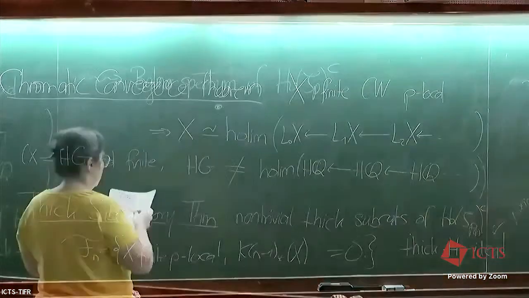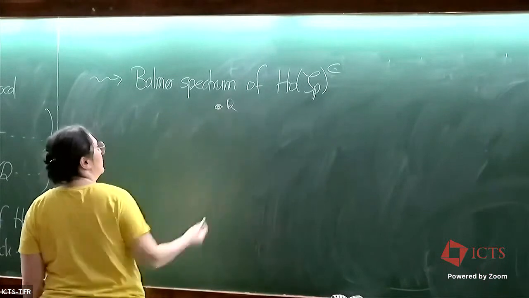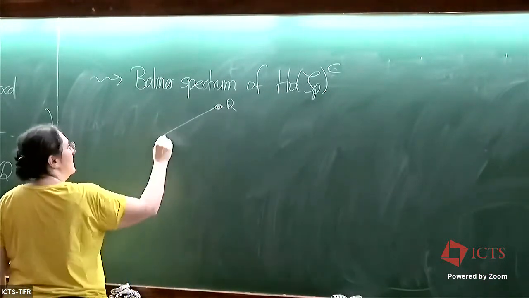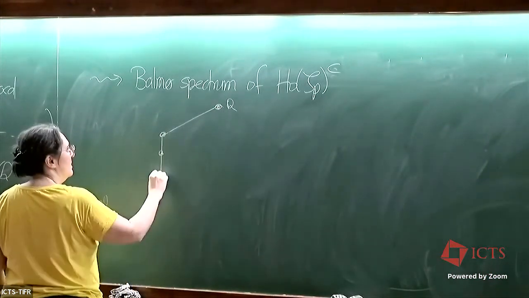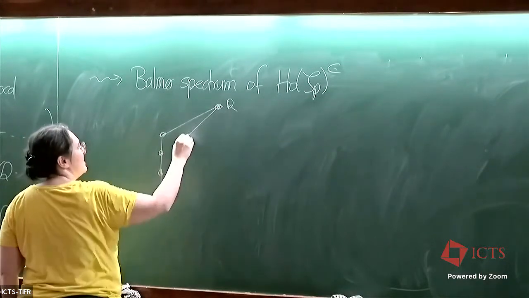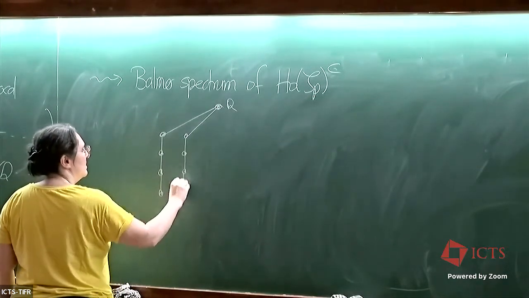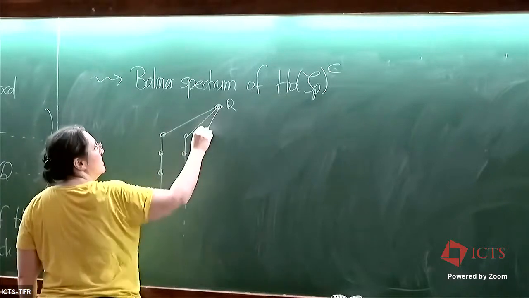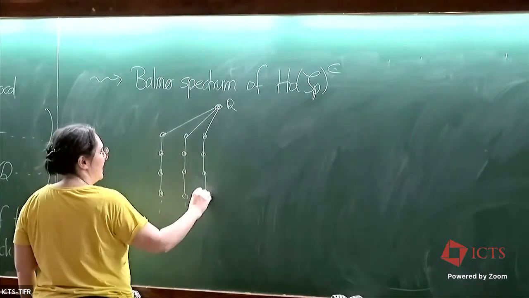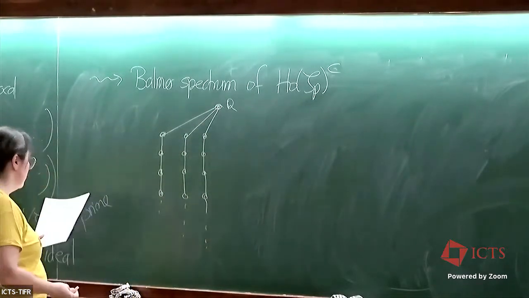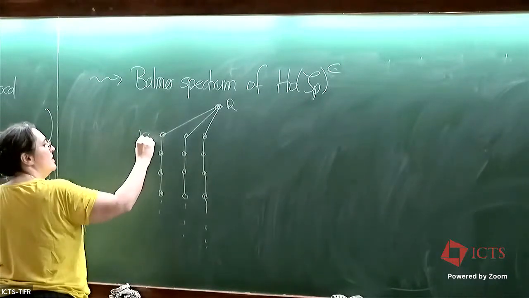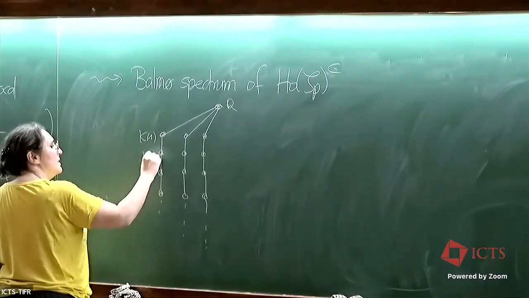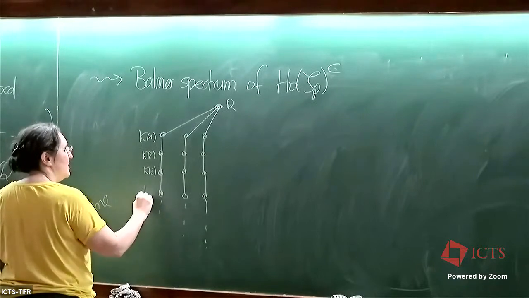So here you have a dot belonging to Q, and then for each prime, you just get a string of things. So here you have A1, A2, A3, and so on.